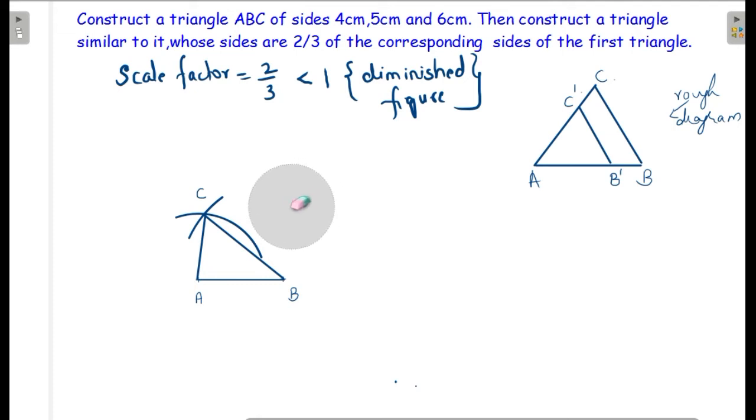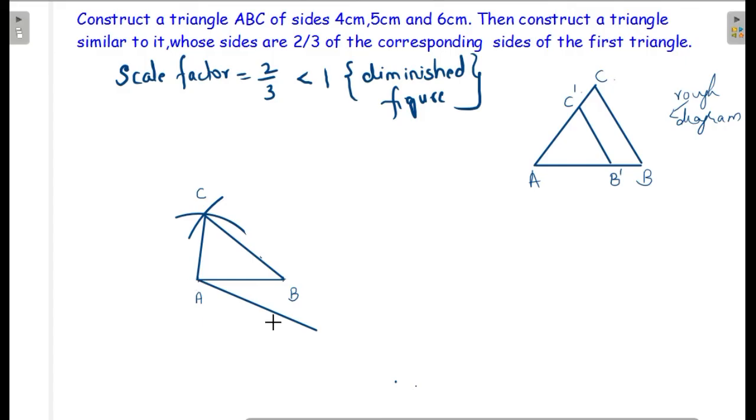Now, the new thing that you are learning is construction of similar triangle. How do we do that? Now, listen very carefully, for that we have to draw a ray which starts from A, making an acute angle with AB.